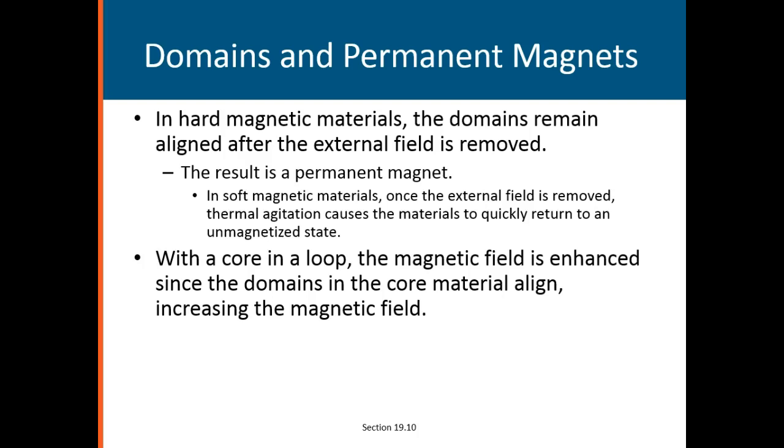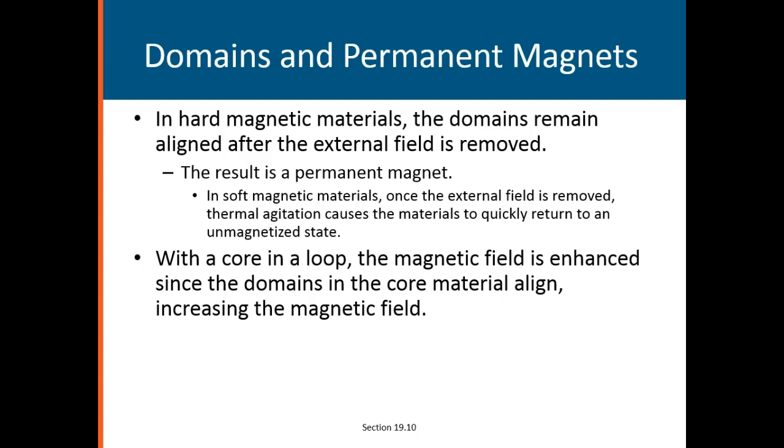So we're talking about domains and permanent magnets. That's magnets that maintain their magnetism after they've been magnetized. Now, remember there's two types of magnetic materials. What are they? Hard and soft. Okay? The hard magnetic materials, they're harder to magnetize, but they maintain their magnetism longer.